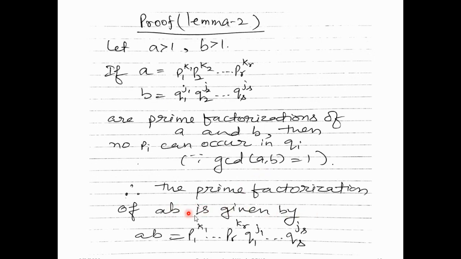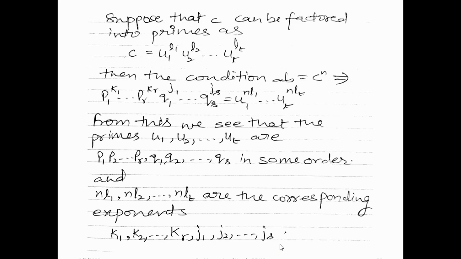Therefore, the prime factorization of AB will be the product of these two things: P1 to the power K1 and so on up to PR to the power KR, times Q1 to the power J1 and so on up to QS to the power JS. So this is AB. Suppose that C can be factored into primes as C is equal to U1 to the power L1, U2 to the power L2 and so on up to UT to the power LT.